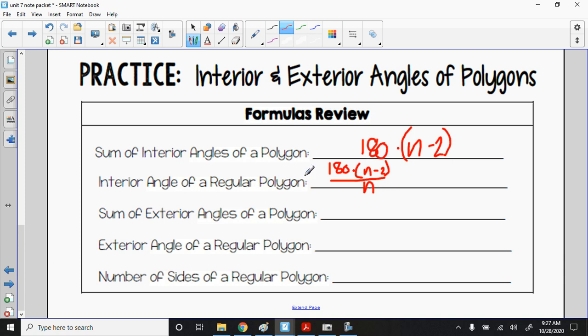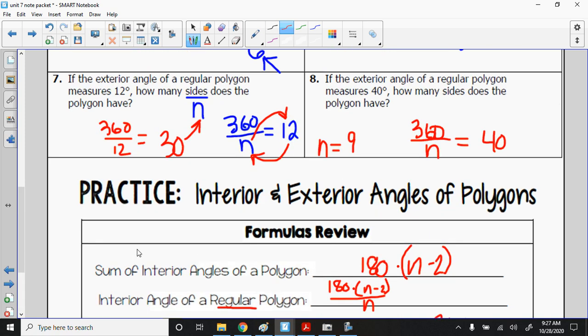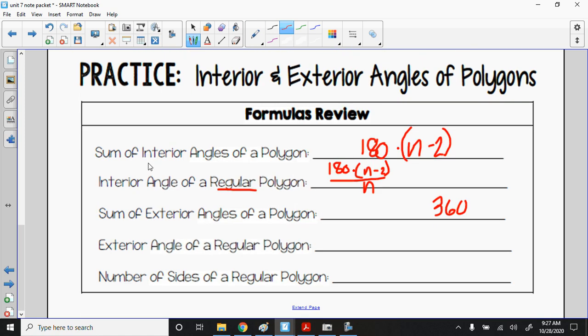Interior sum, interior angle. Remember, that's when I said an angle, each angle, or one angle of a regular polygon. Very important that it says regular. Sum of exterior angles of a polygon: there's no formula for that. It's always 360. Exterior angle of a regular polygon, each exterior angle, this is the one we just did, is 360 divided by n.